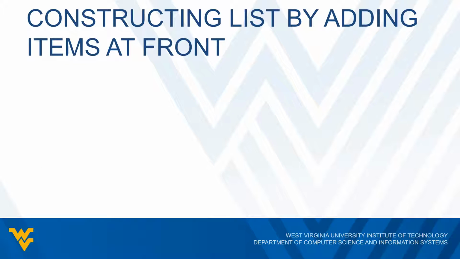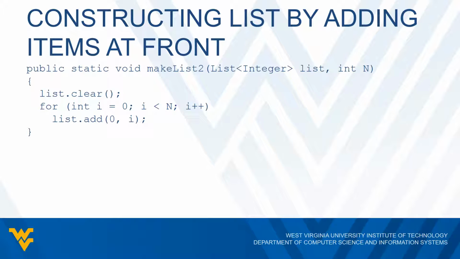Now let's suppose we construct the list by adding items at the front of the list instead of the end. So we can have some code that does that. Here we'll have a method that's called makeList2. We're still passing our list of integers, and n will be the number of elements we're going to add. We're still going to clear the list, and we still have a for loop where i goes from 0 up to and including n-1.